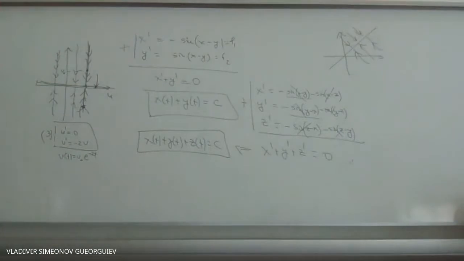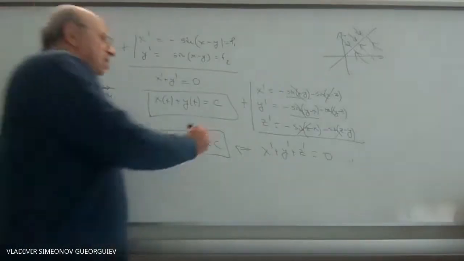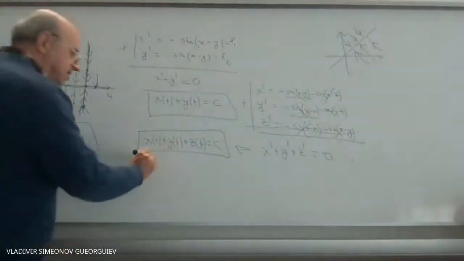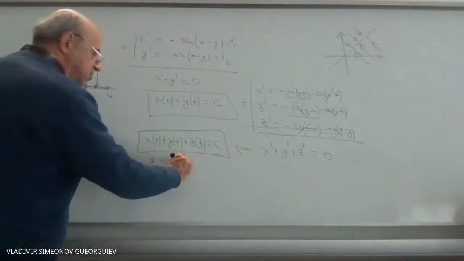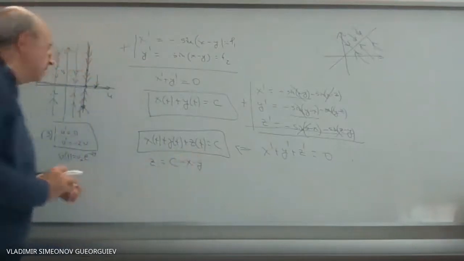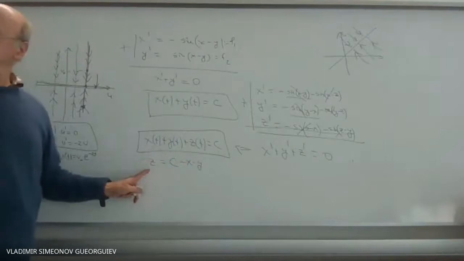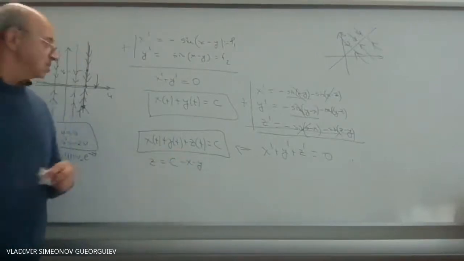This relation enables us to turn back to our equation and say, whenever I have zeta, I shall write constant minus x minus epsilon. Therefore, now we can introduce a more realistic Kuramoto system with 3 phases, which are actually 2 phases, because the third one is a constant minus the sum.